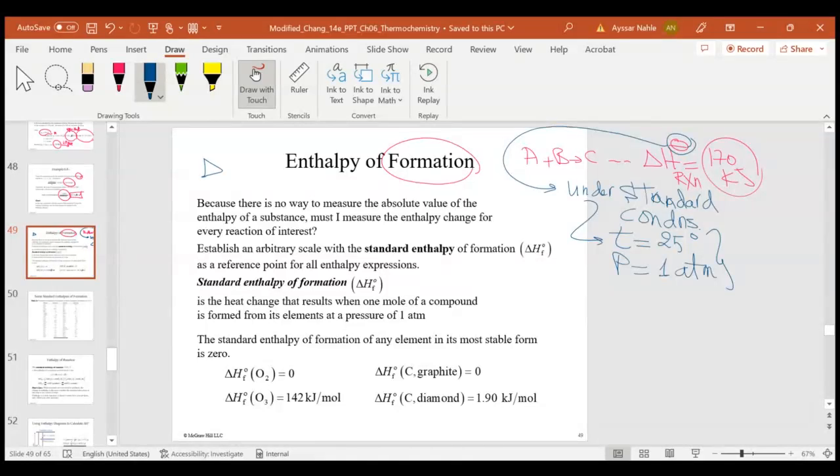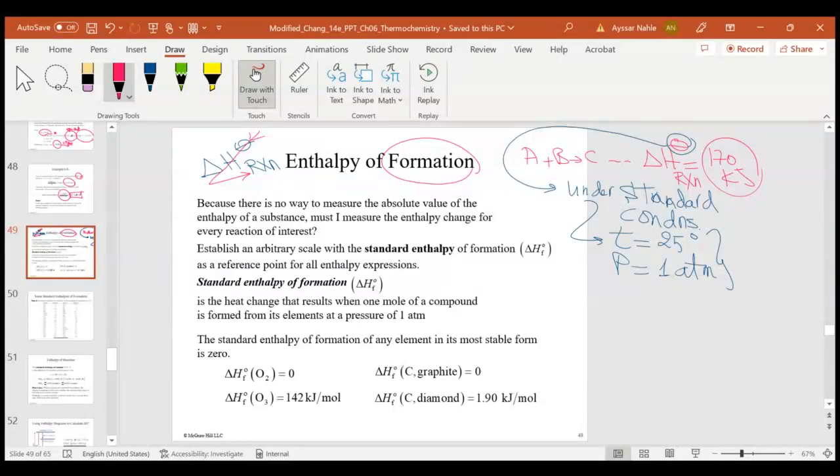The way I read delta H not of a reaction, if I want to read it correctly, is standard enthalpy change of the reaction. And the standard enthalpy change of a reaction is in kilojoules or kilocalories, but not per mole.